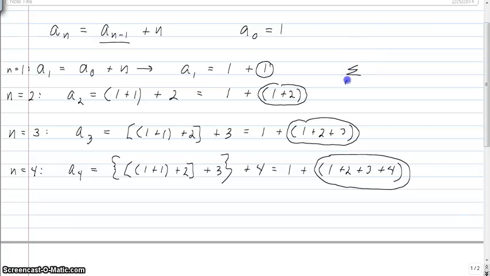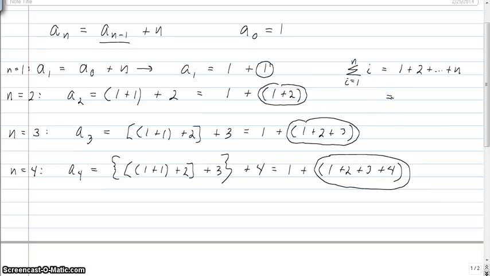The sum as i goes from 1 to n of i, which is just represented as 1 plus 2 plus up to whatever n is, right? So in this case it's 2, in this case it's 3, in this case it's 4, and so forth. We could continue and we would see that pattern.